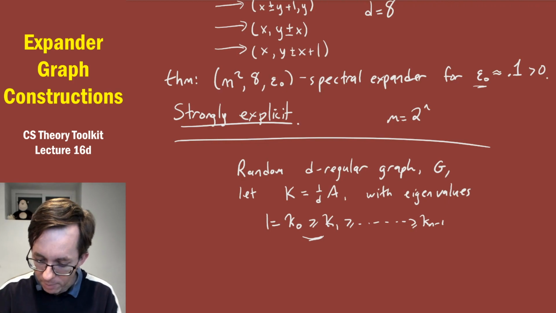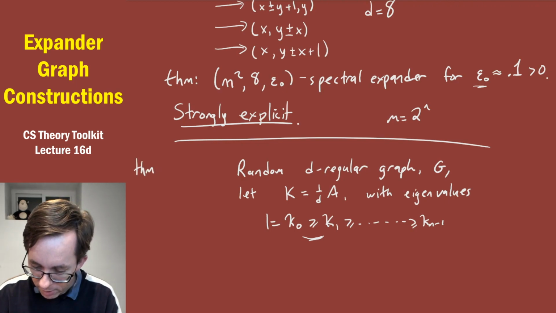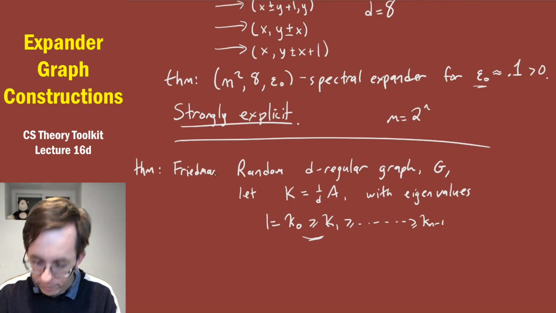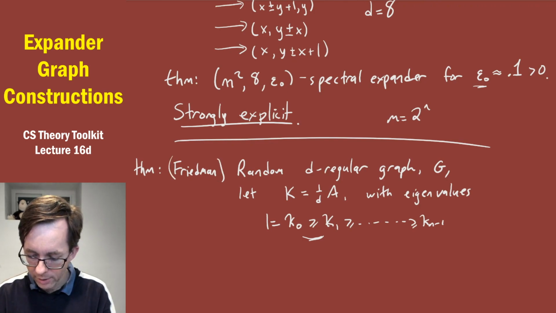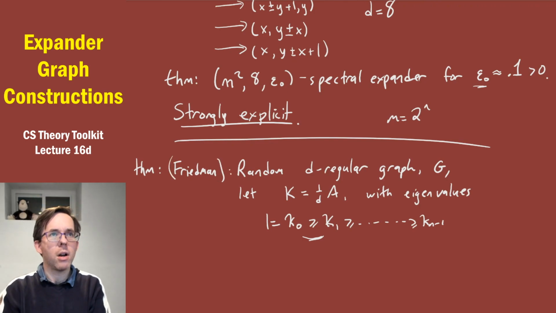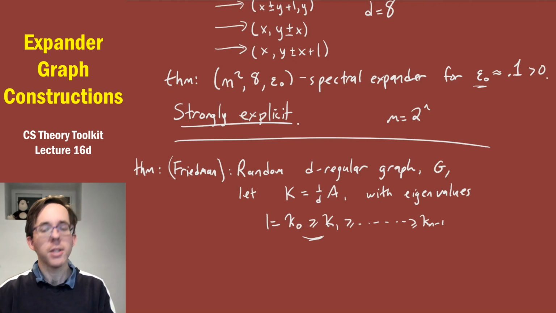And this is a theorem, a very famous and difficult theorem due to Friedman from 2000 maybe. It's famously like a 100-page paper, although it's been recently simplified to 20 or 30 pages.